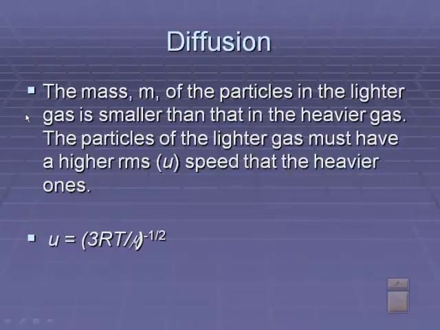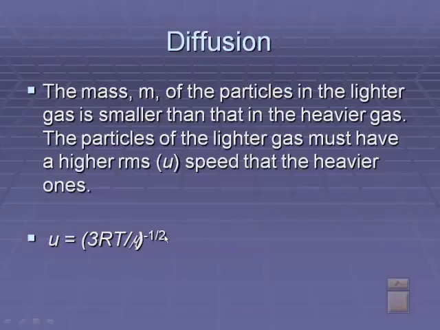So I want you to check out this next formula. This formula is found on page 417. It says the mass, m, of the particles in the lighter gas is smaller than in the heavier gas. It says the particles of the lighter gas must have a higher root mean square speed than the heavier ones. And so here's that root mean square. That's the symbol for root mean square. And then you have all in a square root.